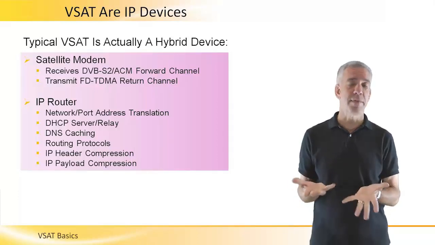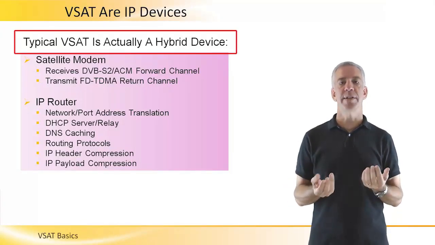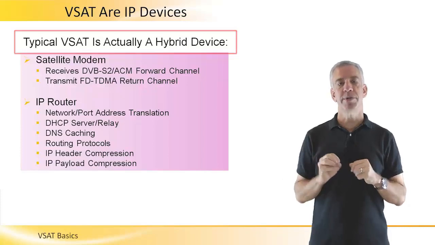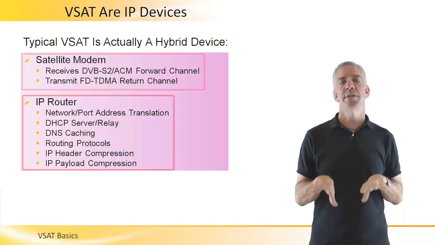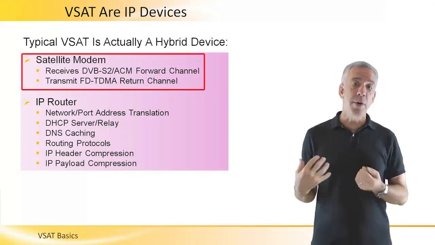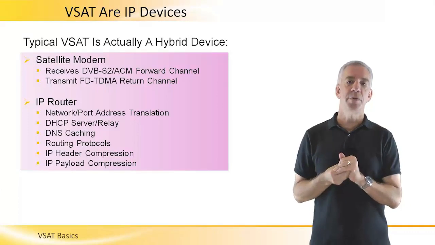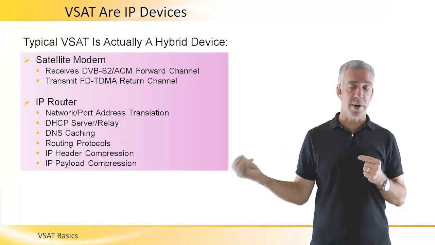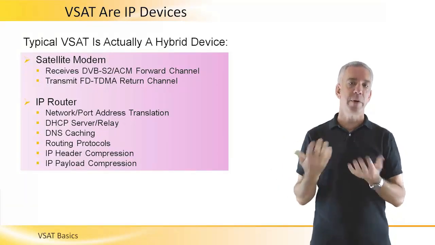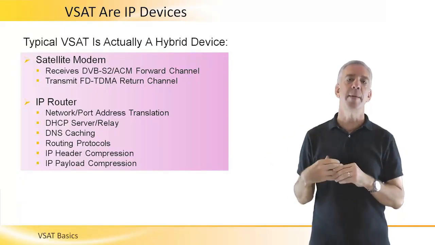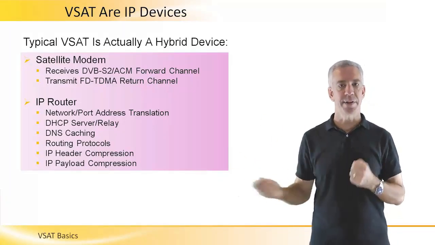A VSAT is actually an IP device. And if you look at a VSAT, it's really a hybrid device. There's two components to a VSAT. There's an IP router and there's a satellite modem. The satellite modem is receiving a DVB-S2 channel from a hub or gateway station, and it's also transmitting an FDMA, frequency division, and TDMA, time division multiple access, communications back to the gateway station.